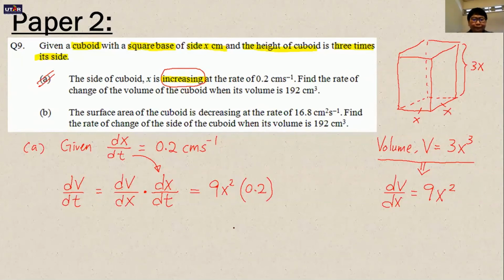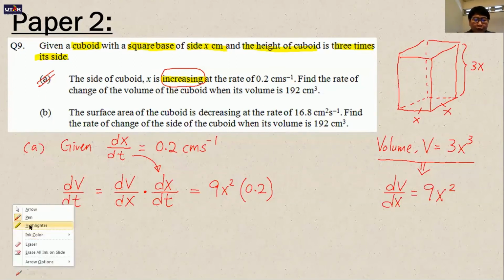Right? So now I need a value. What is x? I need to know the value of x. So where can you get this x from? Read the question again. Do you see that this info is given? The volume is 192 cm cube.